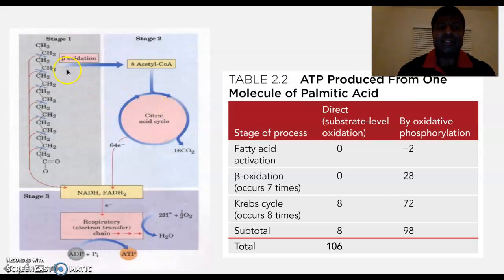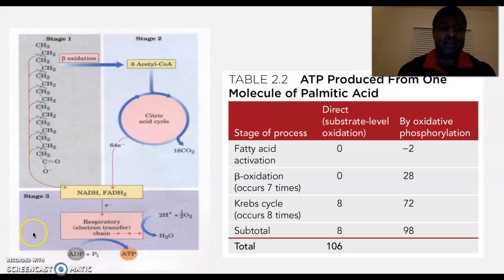Unlike glycolysis, there are no ATP formed from this process. You actually lose ATP to start this whole process. But once again, much like glycolysis and the Krebs cycle with a molecule of glucose, you still have the electron transport chain creating ATP by the combination of NAD and FAD with hydrogen ions.